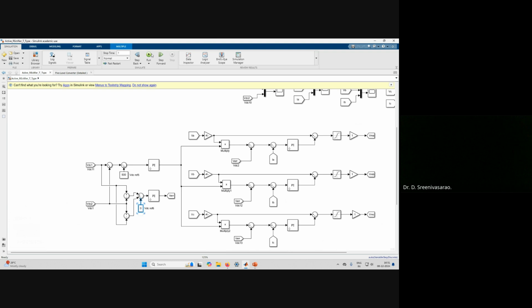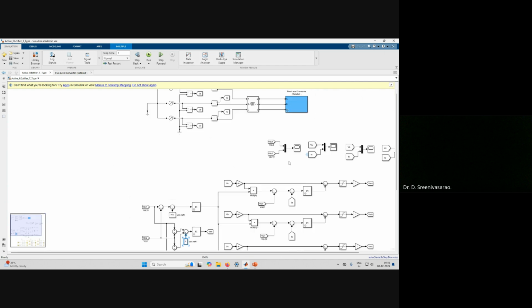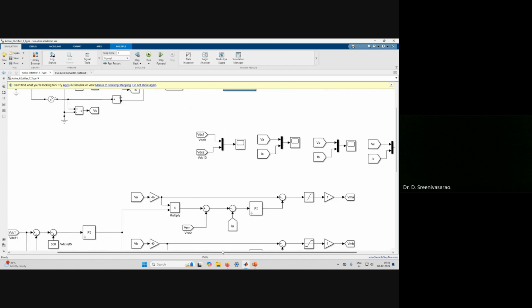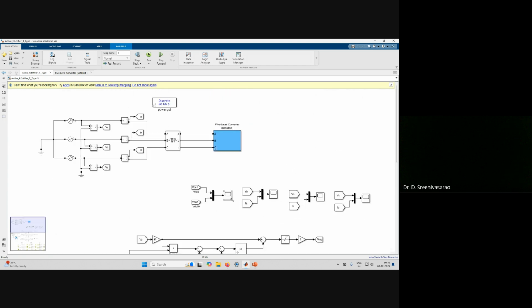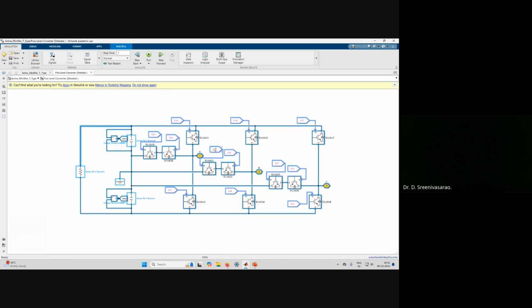We will run this and check whether we achieved our task. The first thing is that the capacitors are supposed to maintain 500 volts in this case.